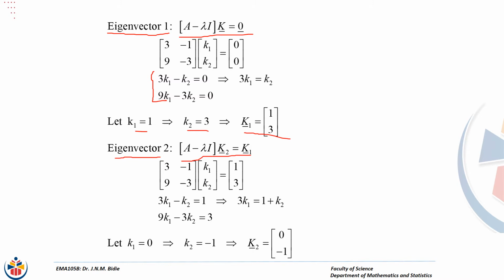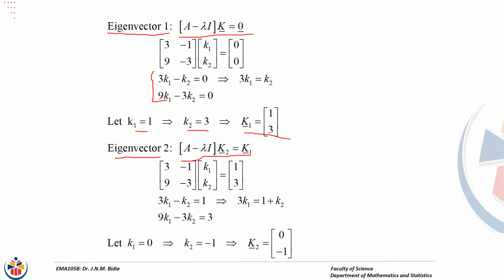We're going to equate it to the first eigenvector. So it's very important that your calculations for the first eigenvector be precise, so that you use the correct values in order to get the second eigenvector.